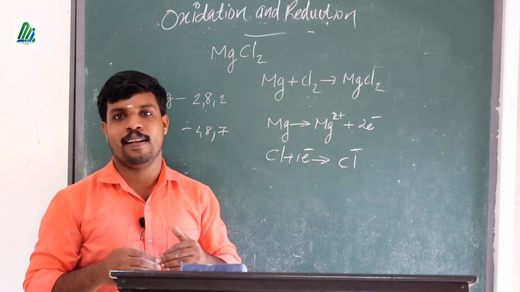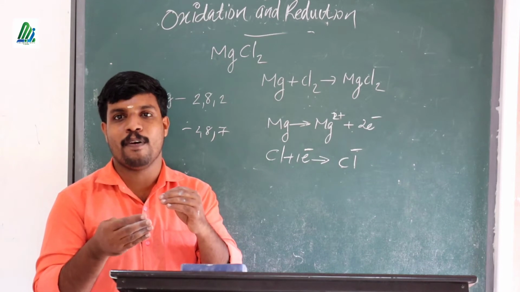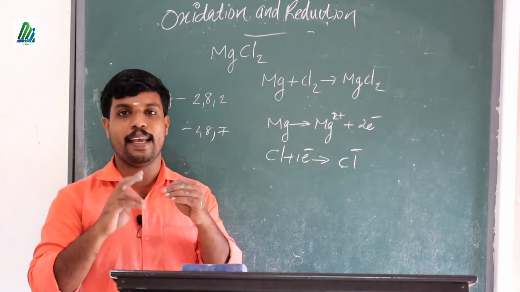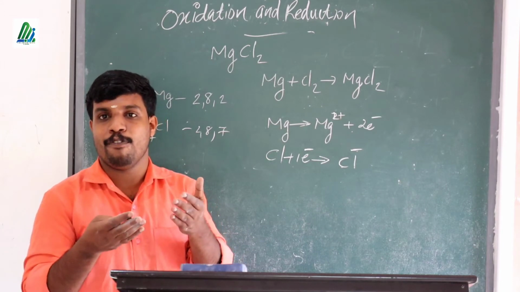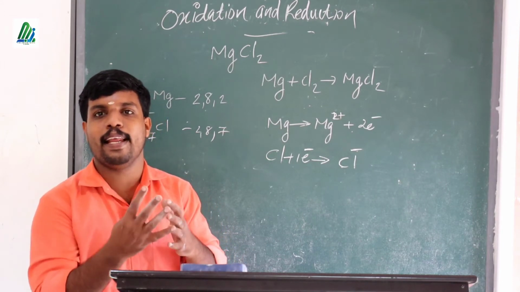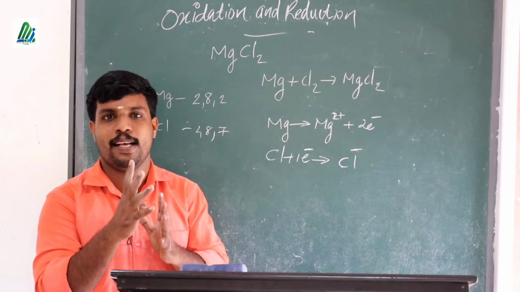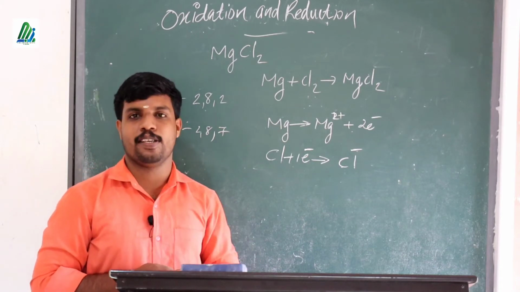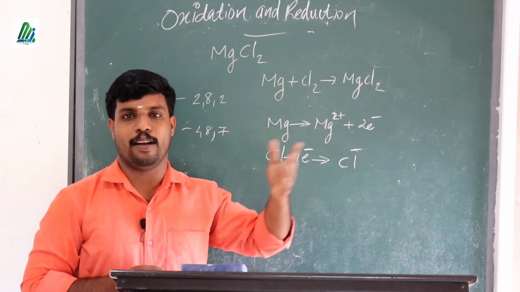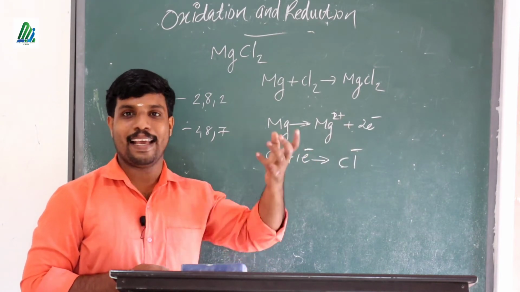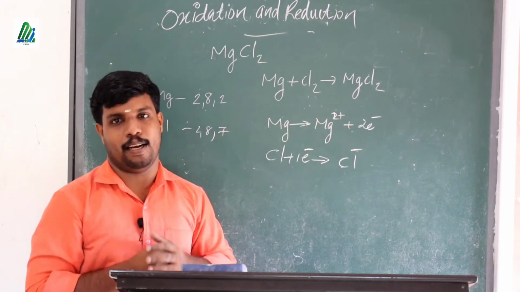Then what is reduction? Reduction is the process of accepting or gaining electrons. So oxidation is the process of loss or donation of electrons, and reduction is the gain or acceptance of electrons.